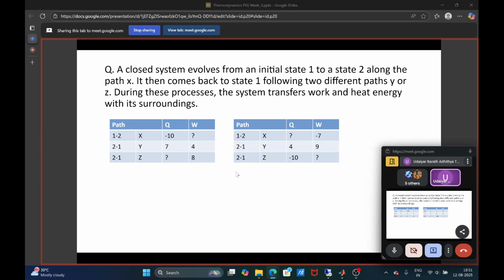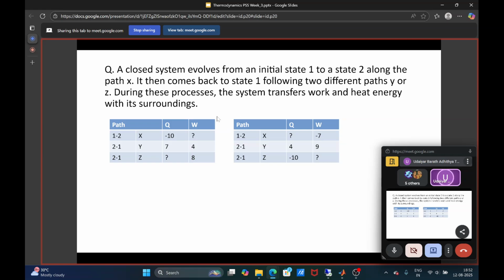Since this forms a closed cycle, if you apply the first law, delta U is 0. So Q net is W net. For the first case, 1 to 2 to x y, you have minus 10 plus 7, which gives minus 3, equal to W for 1 to 2 plus 4.